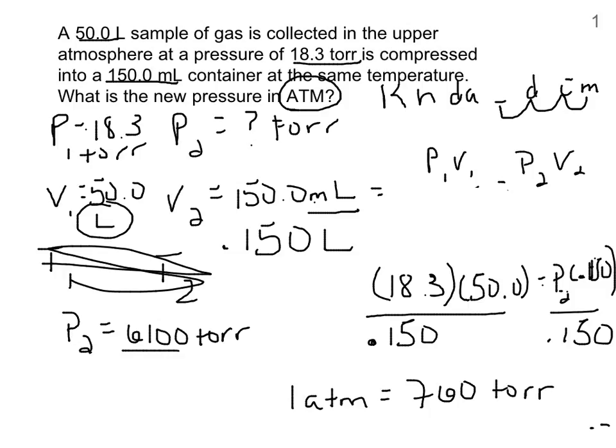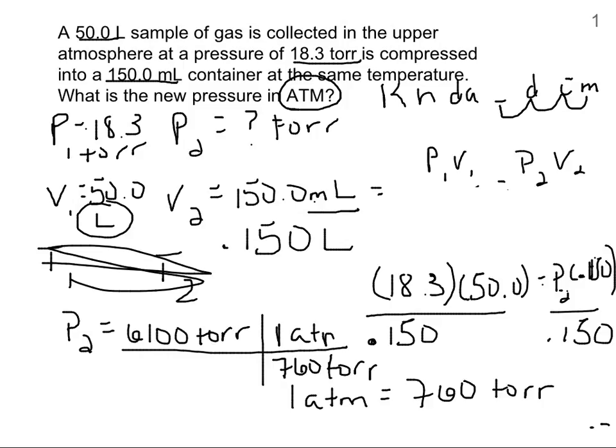So we want our torr to cancel out, so we put 760 here, and 1 atmosphere will go on the top. Torr cancels. Now we see we're in atmosphere. So we do 6100 divided by 760.